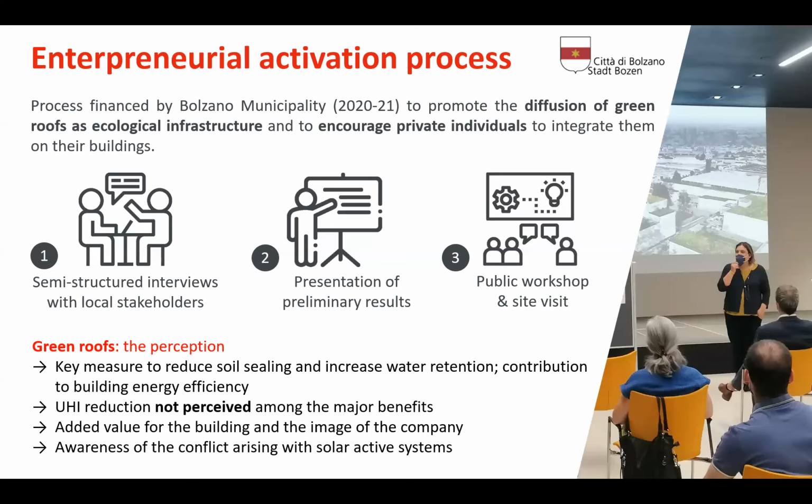So this was also a point of discussion with them, and they mainly said, okay, but we choose just one of the two solutions because otherwise the costs are too high for us and maintenance becomes an issue. So these were the first results we got from the discussion in the area.